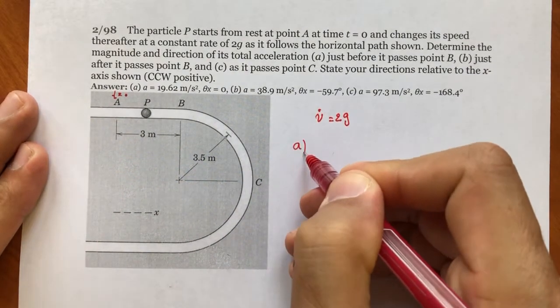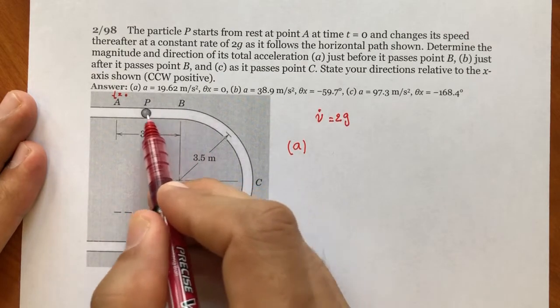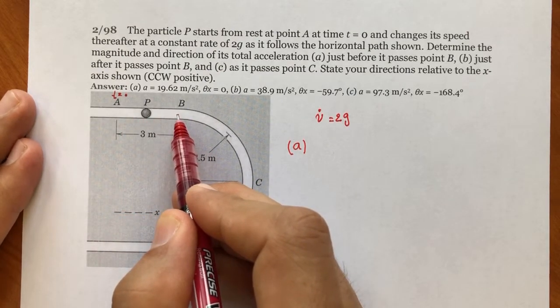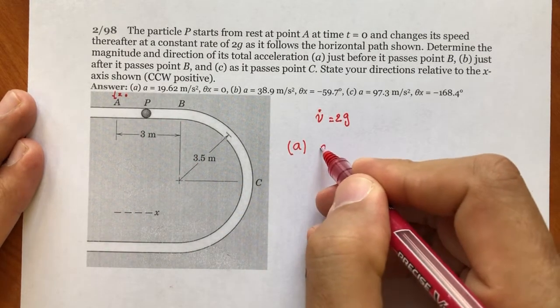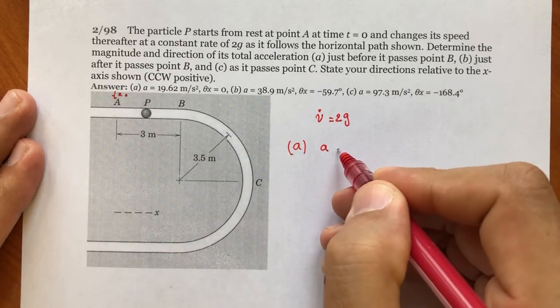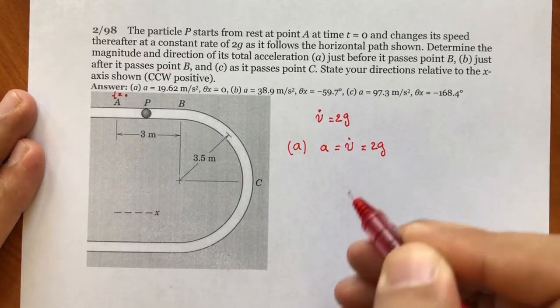So the first part is quite easy. From A to B before starting the curve, this particle is moving just on this straight line, and acceleration of it is going to be just v dot. So acceleration at point B is going to be equal to v dot, which is equal to 2g.